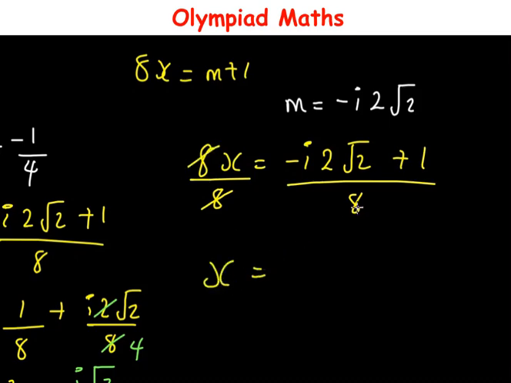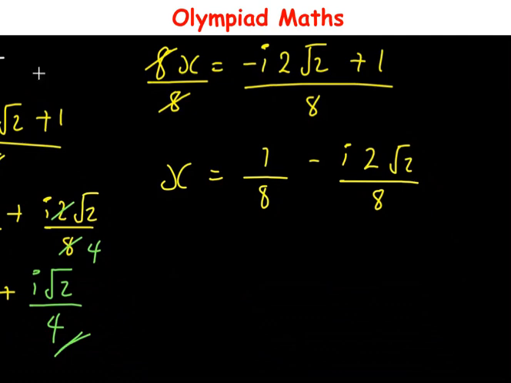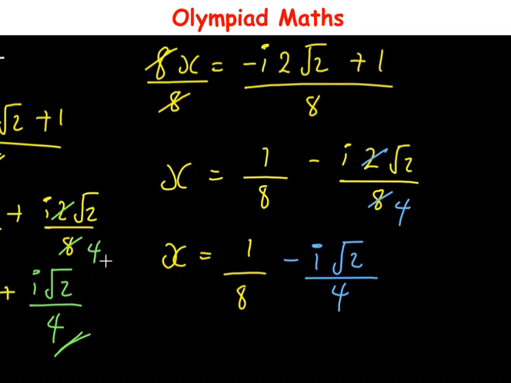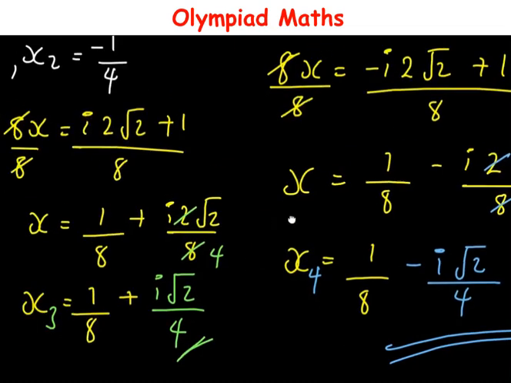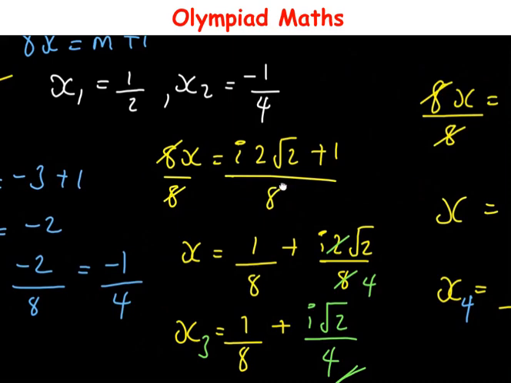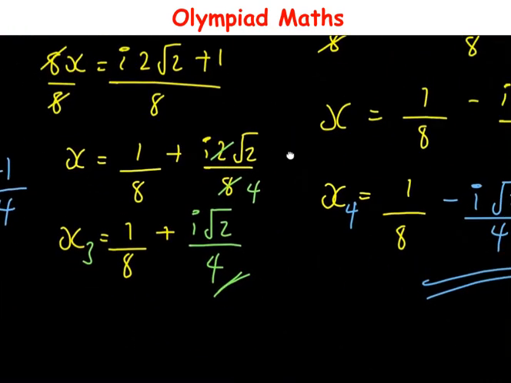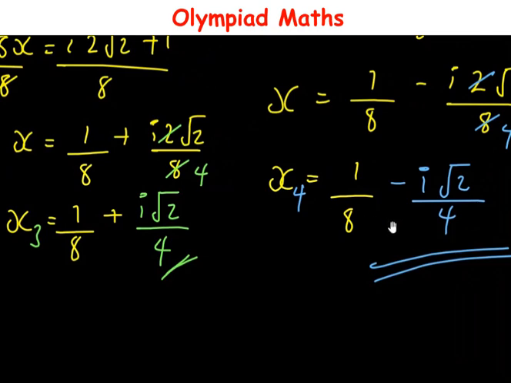We have x is equal to 1 over 8 minus i times 2 root 2 all over 8. And from here, the value of x is equal to 1 over 8, then with the 2, we cancel 8, we have 4. So minus i times root 2 over 4. With this, we have gotten the fourth solution for the value of x. So in this case, we have 4 different solutions for the value of x. We have these first two, then these are the third and the fourth solution for the value of x.